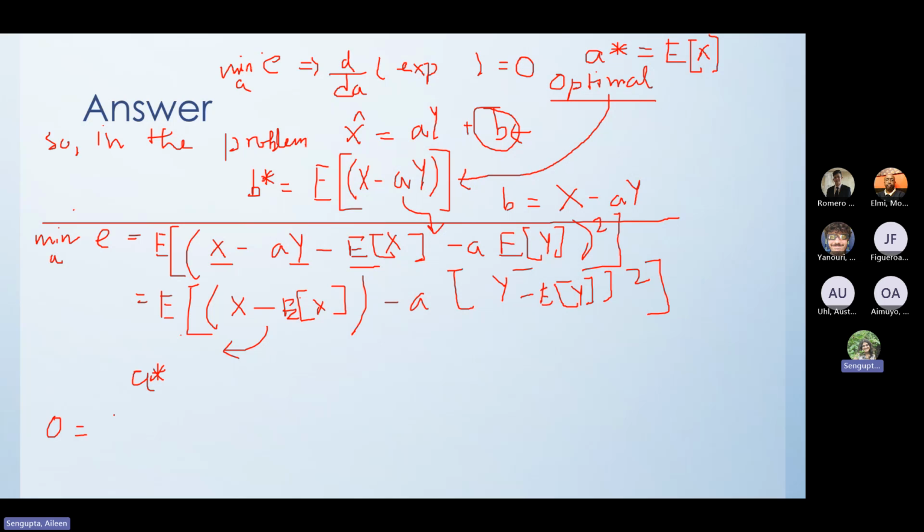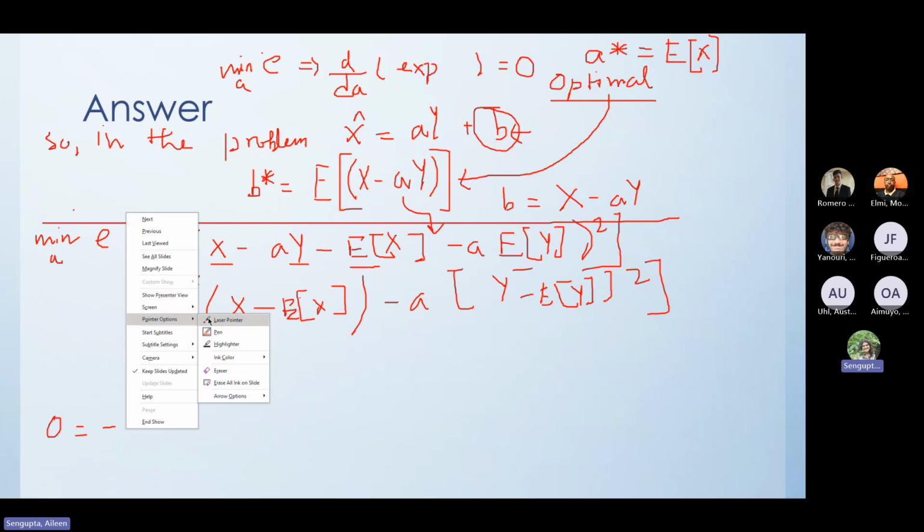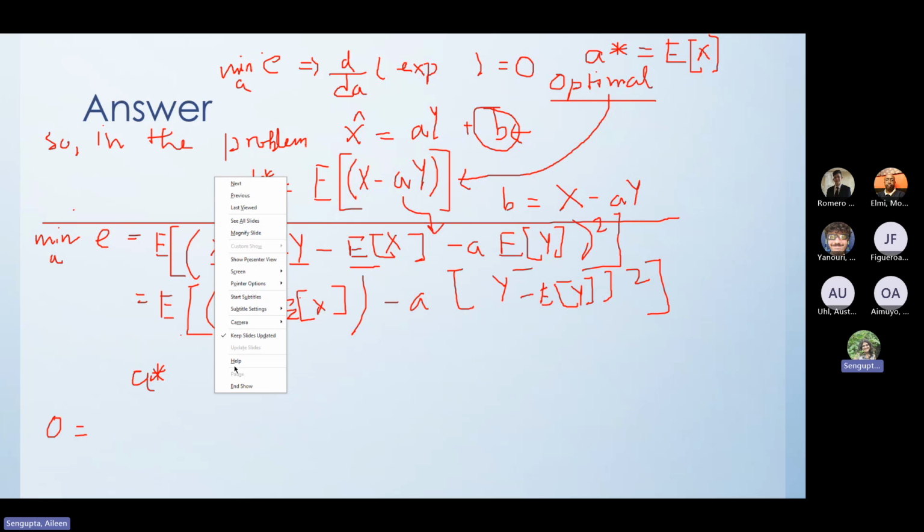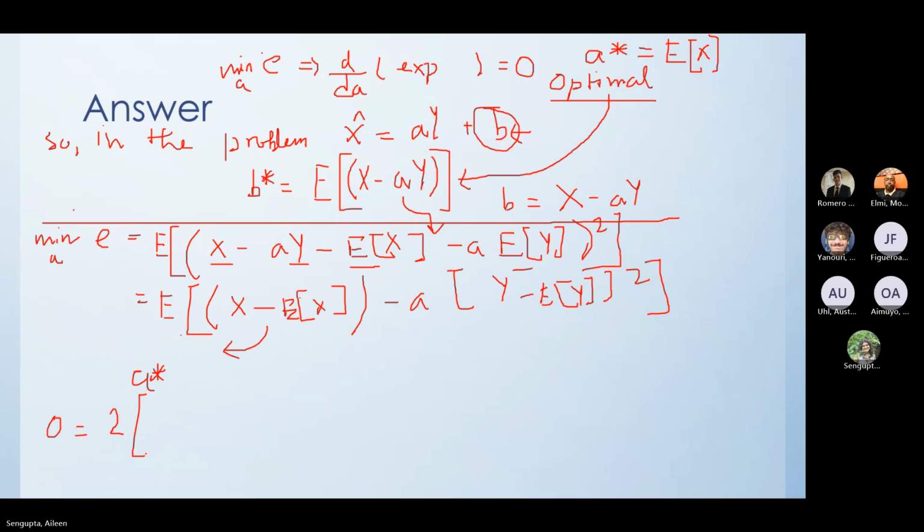0 equals, now I have to do it, hang on. This is squared, so this is 2, no, hang on. Just for one second, let me work it out for myself. So this is 2 times the expected value of x minus e of x minus A times y minus e of y.